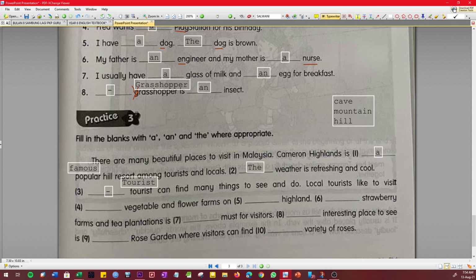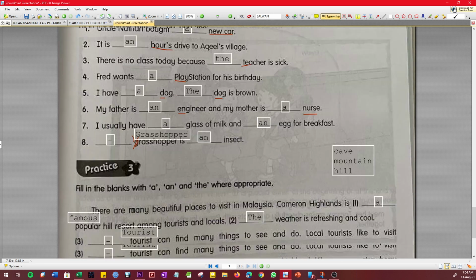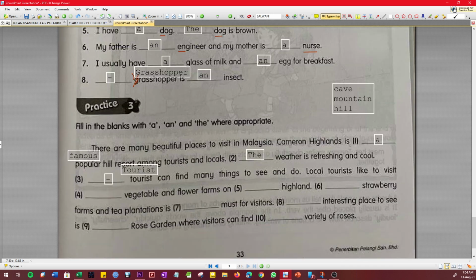Local tourists like to visit vegetable and flower farms. So, peraturan apa yang kita nak guna ni? Which rule do we use for this one? Which rules? Specific. Specific. How do you know it is specific?